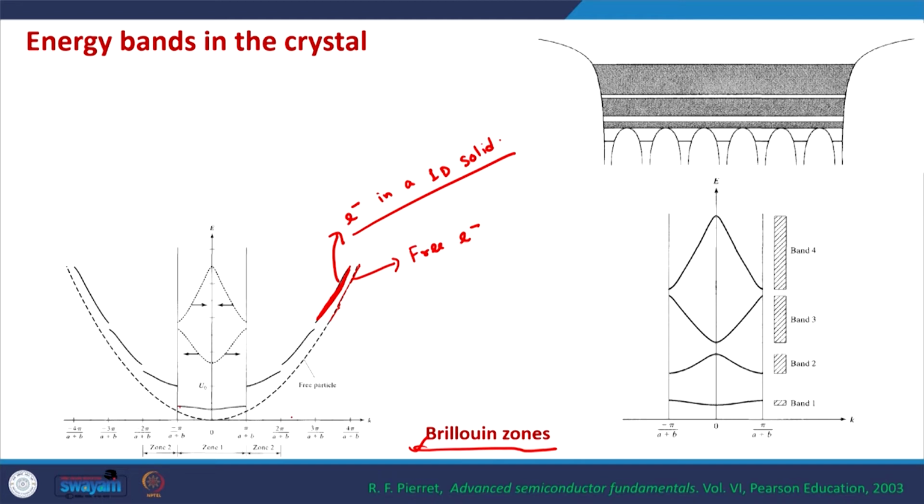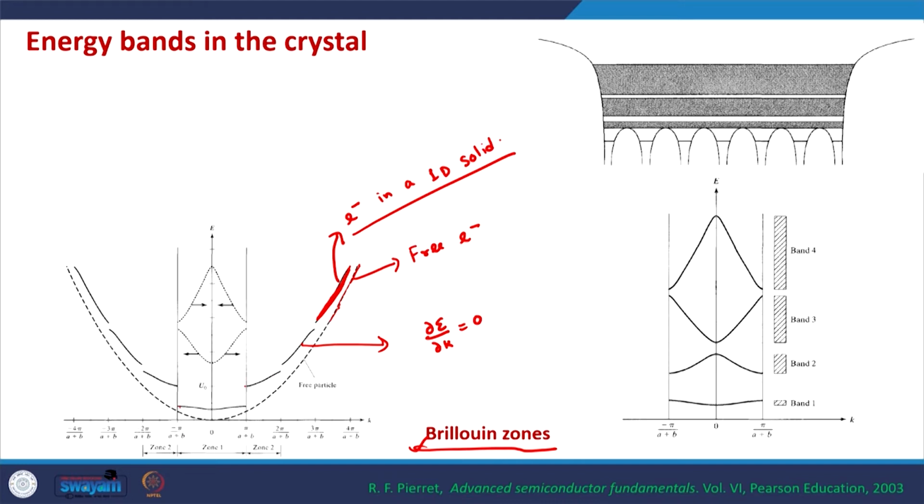For an electron in a solid, although we did not do it mathematically, a precise analytical solution we did not do here, after a stage we are using a graphical solution for the sake of better understanding, but at the boundaries of Brillouin zones, del E by del k is 0.